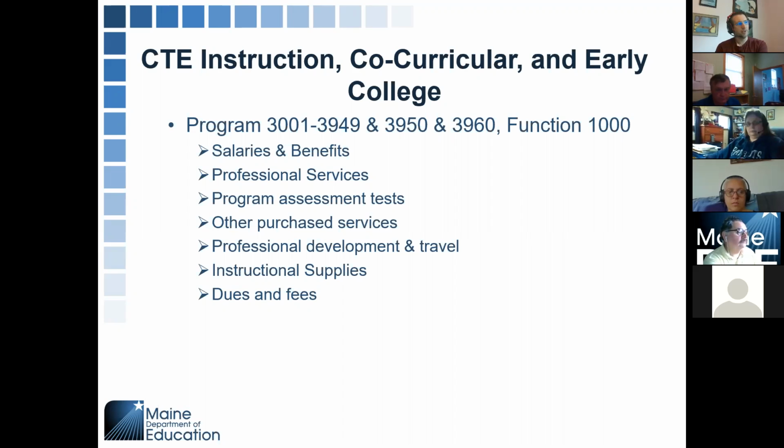And professional development and travel, instructional supplies will get picked up, and then any dues and fees. And so just keep in mind, when we think about the model, supplies actually has a separate allocation from what we're paying out for salaries and benefits for a particular program.